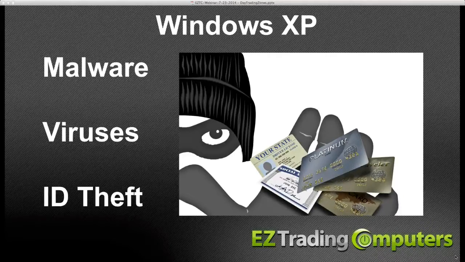Now, here's why. All of the operating systems that they've come out with, Windows XP, Vista, Windows 7, Windows 8, they're all written in a very similar architecture, a very similar type of source code.